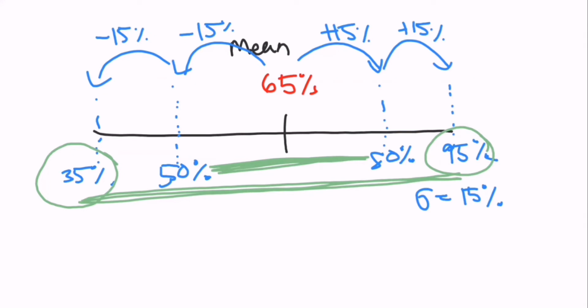They would skew the data to the left or to the right, depending on where the outlier is. So if there's someone getting lower than 35%, they will be bringing the average down. And if there's someone getting higher than 95%, they'd be bringing the average up. So an outlier would be anything further than two standard deviations away from the mean.